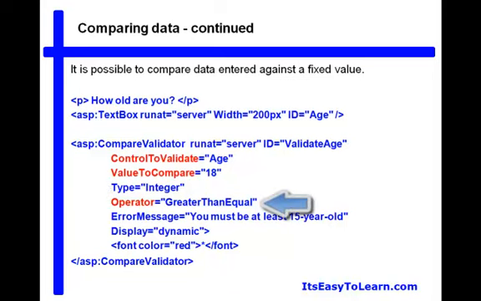Greater than or equal is the operator that is going to be used to do the comparison. If the user enters data which is less than 18, we specify the error message. So this is how we make sure the data entered by the user is compared to a specific value.